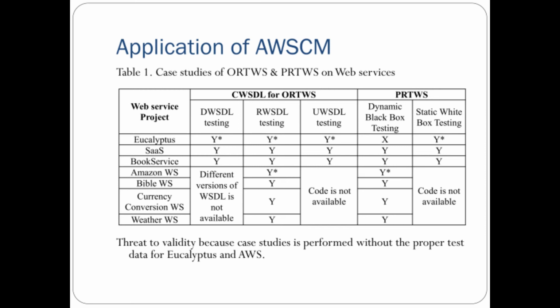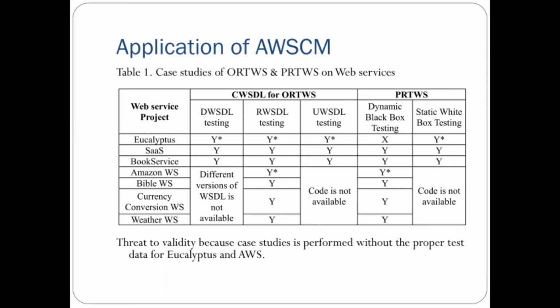And for Amazon Web Service, reduced WSDL testing is possible. Then parameterized regression testing is also possible on Amazon Web Service and Bible Web Service. The currency conversion web service could also have the same property, meaning reduced regression testing and dynamic testing could be done for the currency conversion web service and the weather web service.